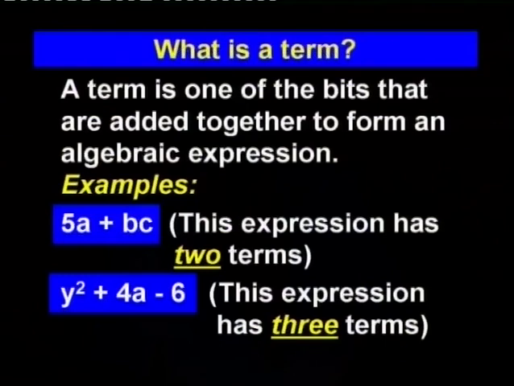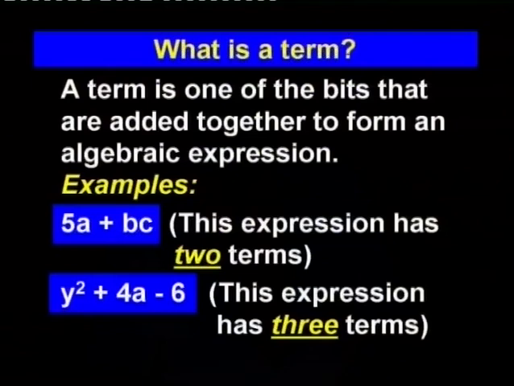So a term is separated by operational signs, plus and take away. So in here we have this addition sign separating these 2 terms. 5a is a term on its own, bc is a term. And in this expression, there are two terms.